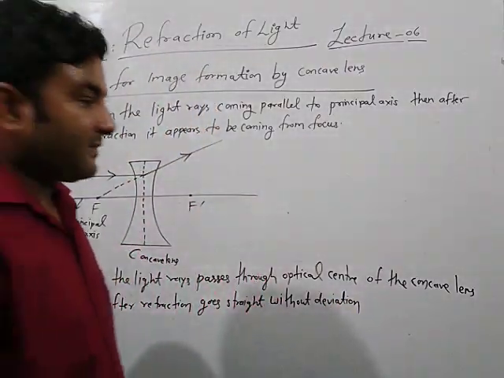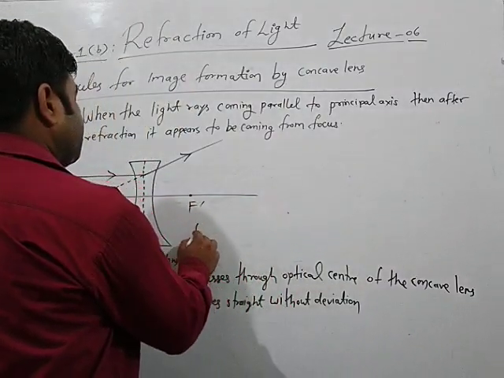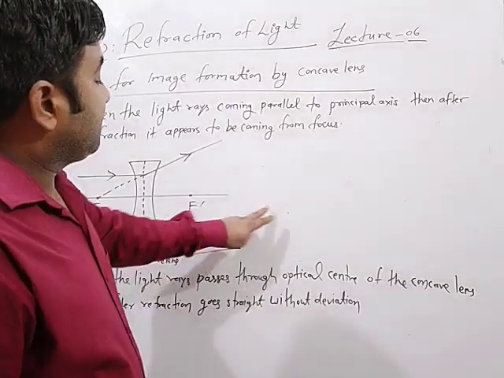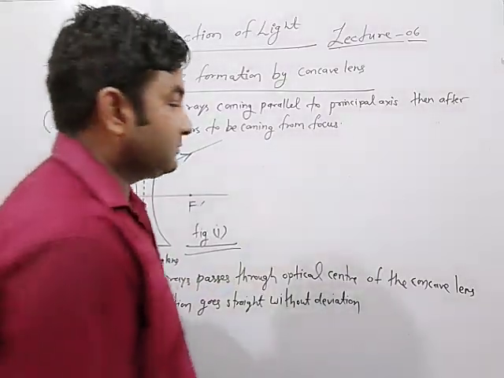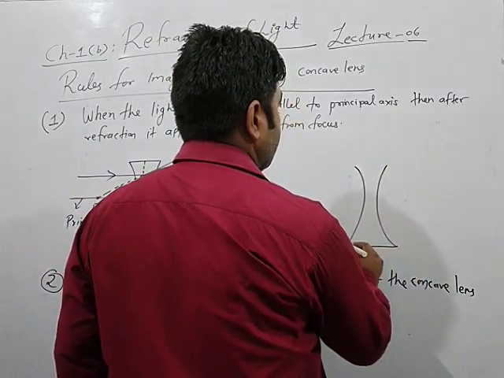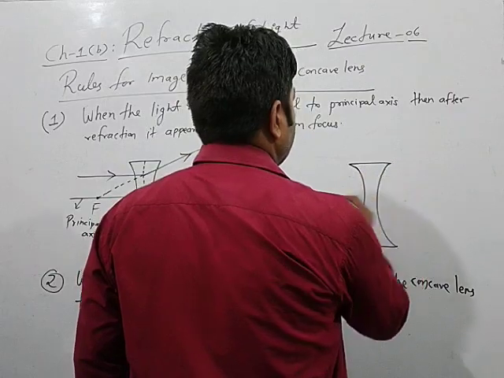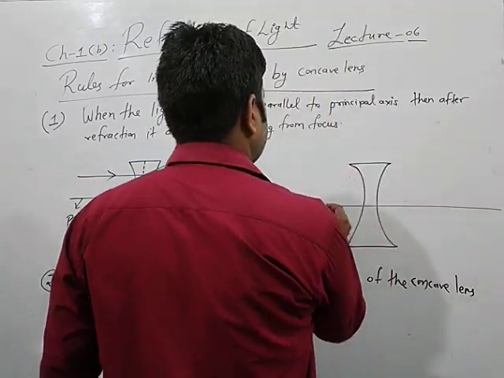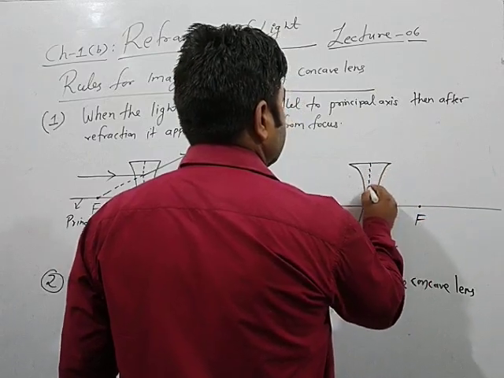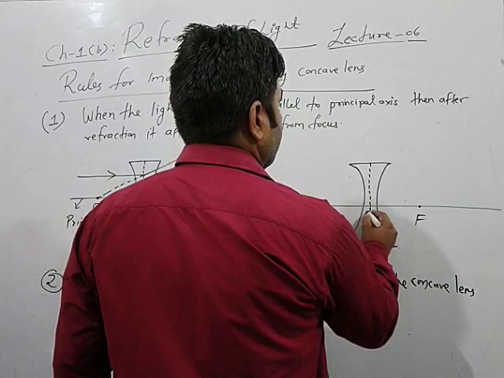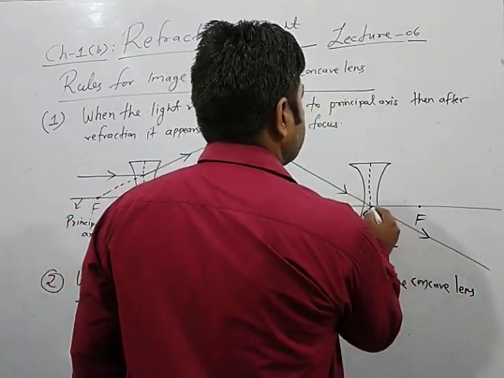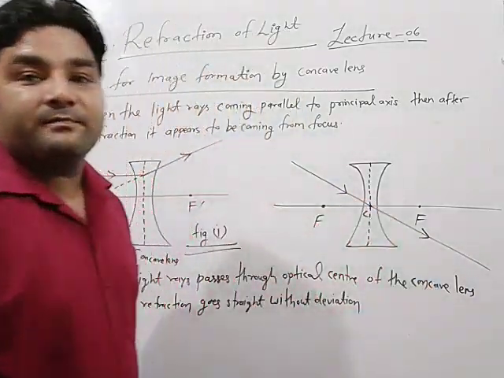This is figure first for rule first, and now I'm going to draw the diagram for second rule. This is concave lens, and this one is principal axis, first focus, second focus, optical center, and the light ray that passes through optical center goes straight without deviation.